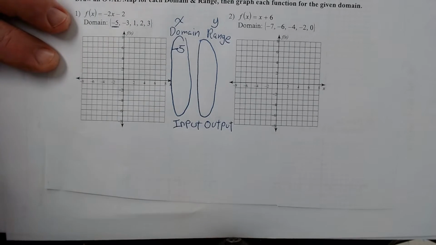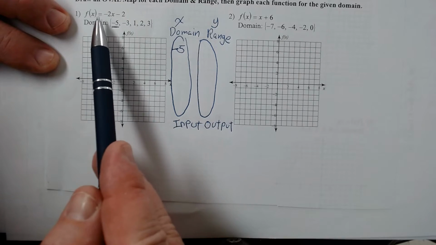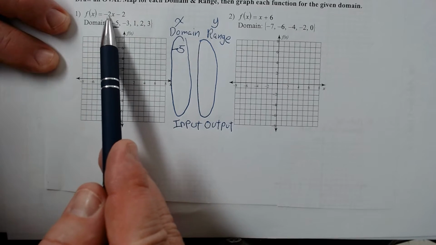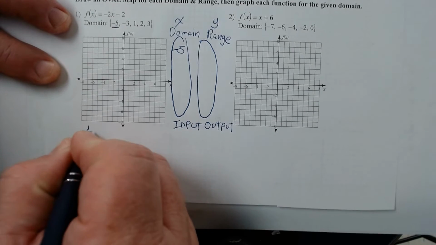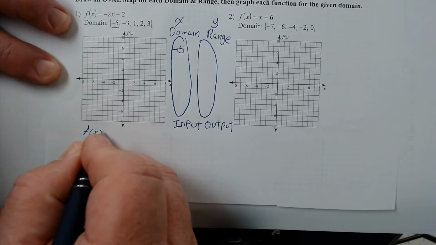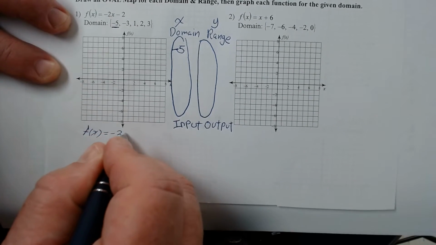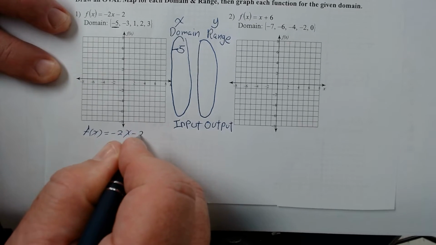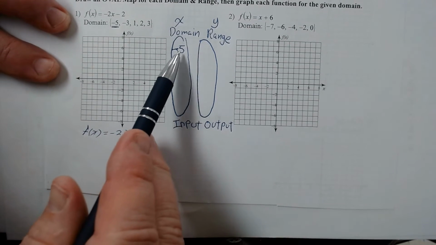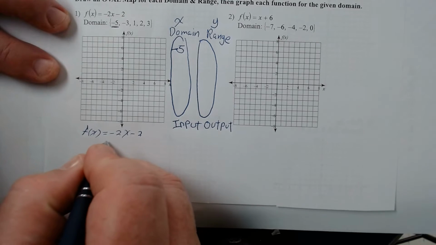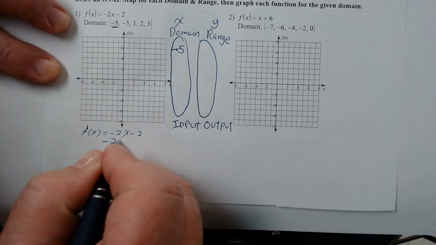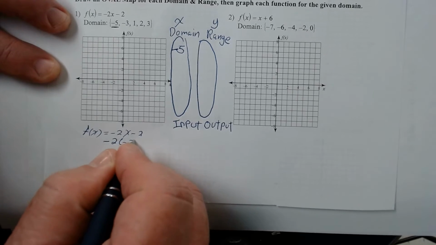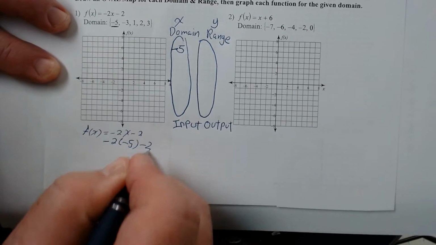Then I'm going to take the -5 and put it in f of x equals -2x minus 2. So when you have f of x equals -2x minus 2, I'm going to substitute -5 for x, and so -2 times -5 minus 2.